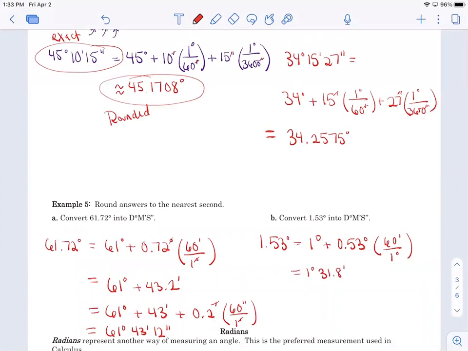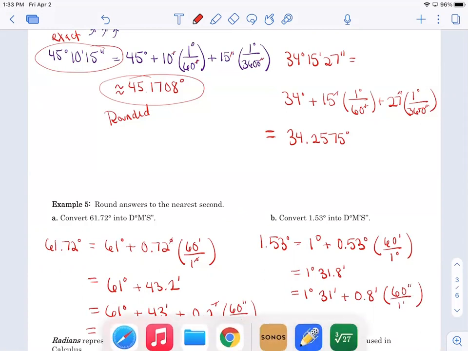But again, I don't want that fraction of a minute. I'm going to force it to go into seconds. So 1 degree, 31 minutes. And then I'm going to figure out what this is as seconds. So 0.8 minutes, but I'm going to multiply it by 60 seconds in 1 minute.